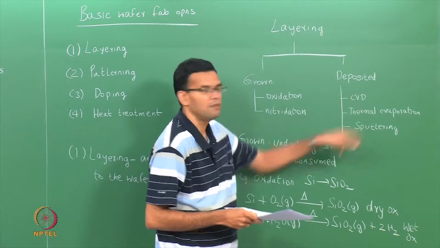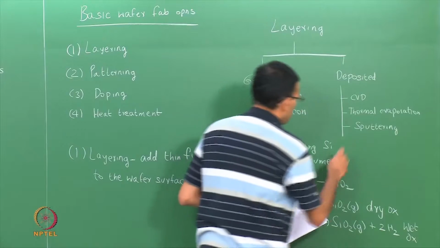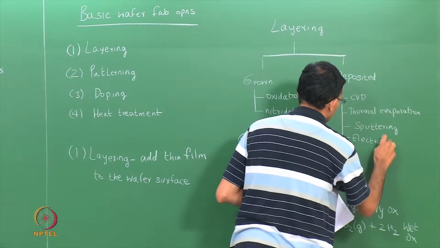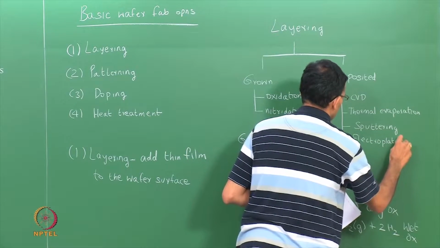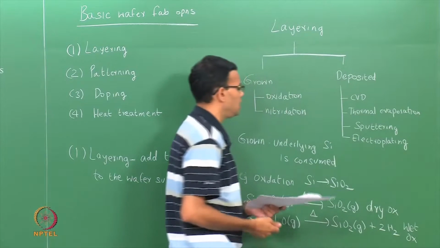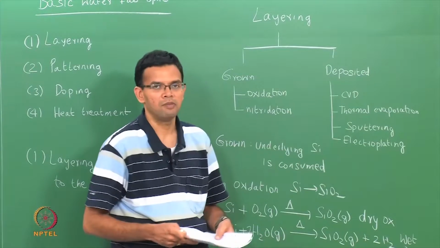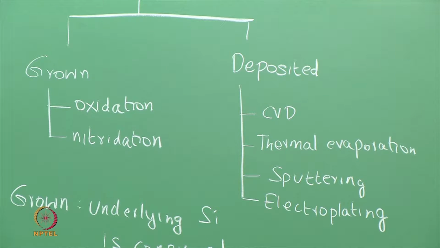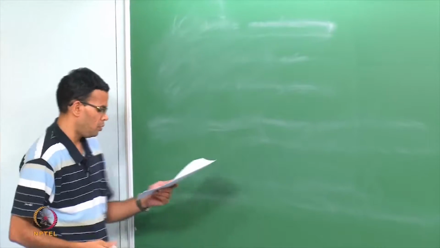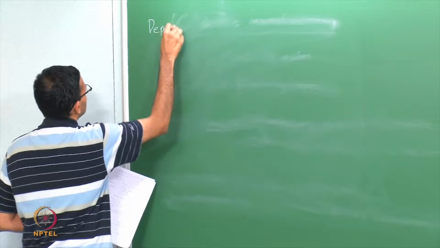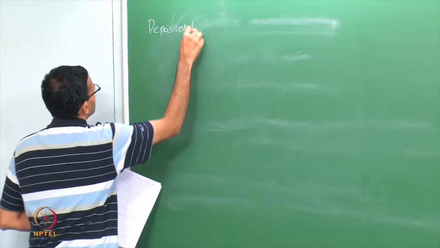Well, this one is chemical vapor deposition. You can also have electroplating. So, these are some examples or some techniques of growing deposited layers onto the wafer. So, let us look at some of them briefly. In the case of a deposited film, the underlying silicon is not consumed.